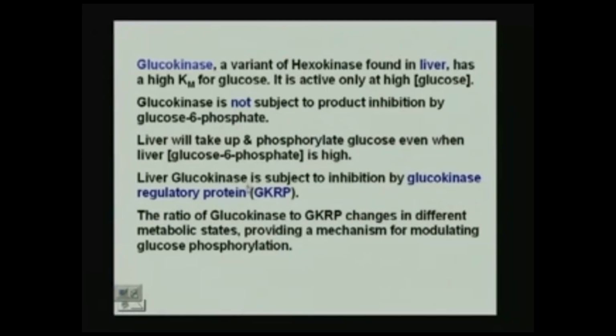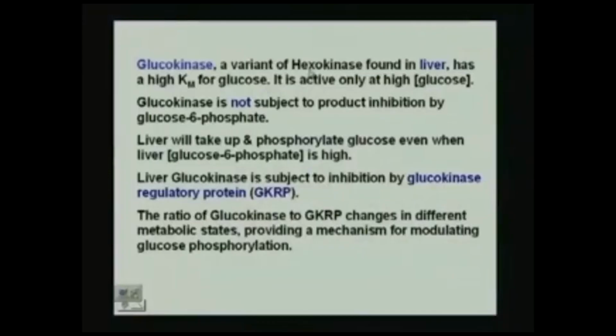Liver glucokinase is actually inhibited by a glucokinase regulatory protein. You have to remember that when we are considering an inhibition, it is to prevent the enzyme from forming its product. Naturally, there are certain steps where you would not want the product to be formed.